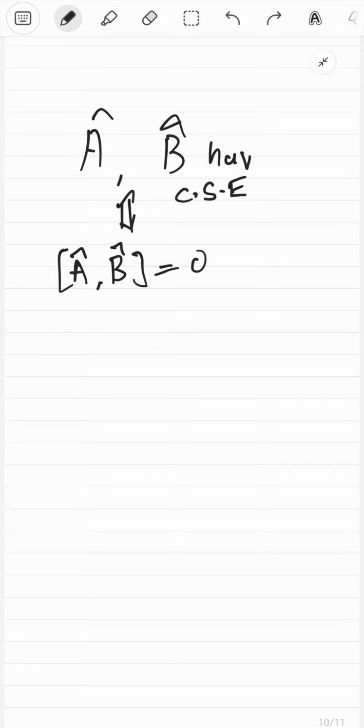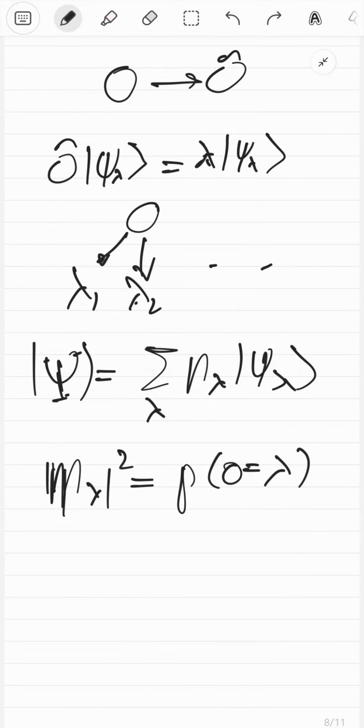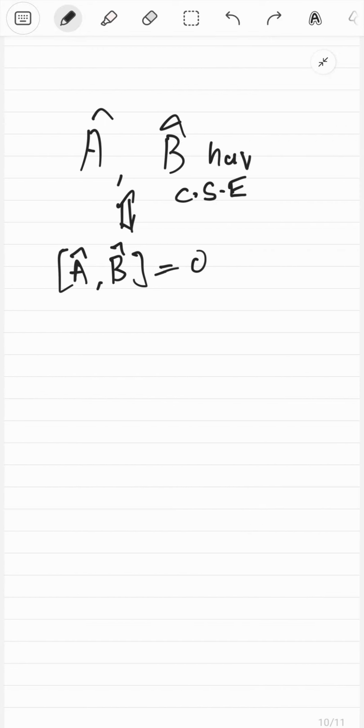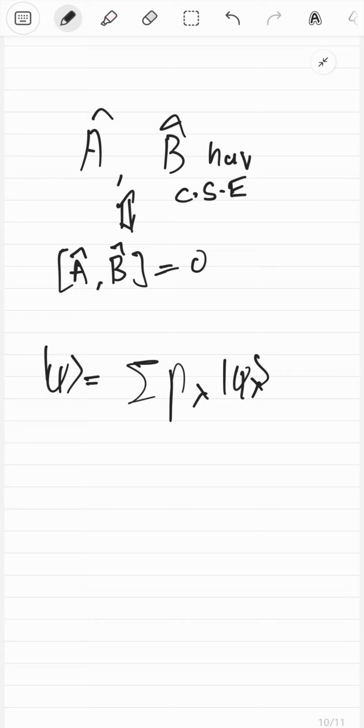Okay, now we can rely on this postulate and say that whatever psi you had, you can express it using the eigenvectors, as a summation of c sub lambda, summation of p sub lambda. Let's think about one operator for now.